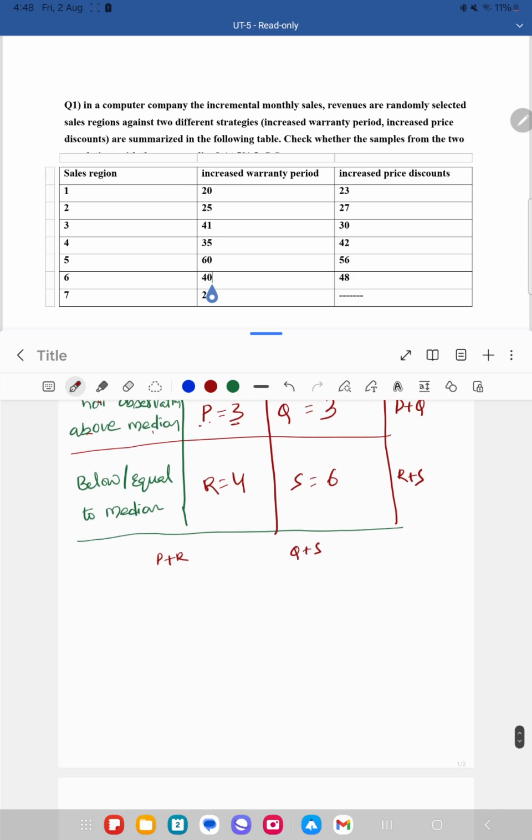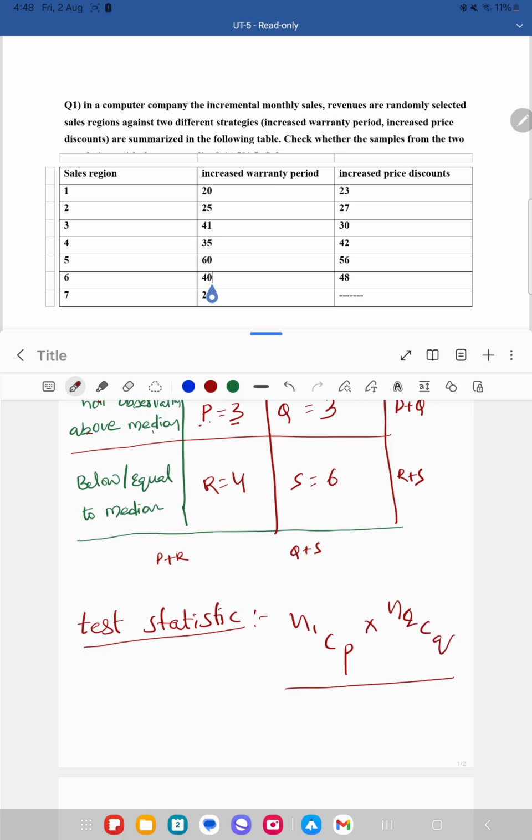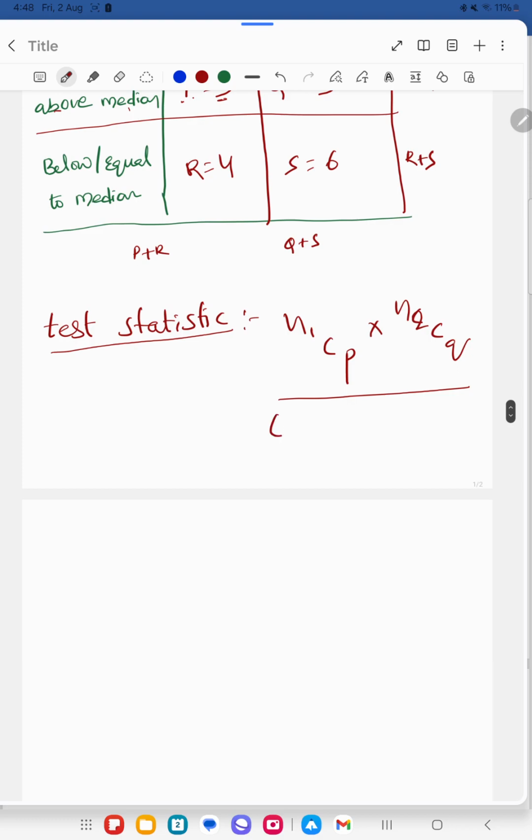Once we get all this, we can find the test statistic. The test statistic is calculated by N1 C P into N2 C Q divided by N1 plus N2 C P plus Q. This is the formula for the median test.